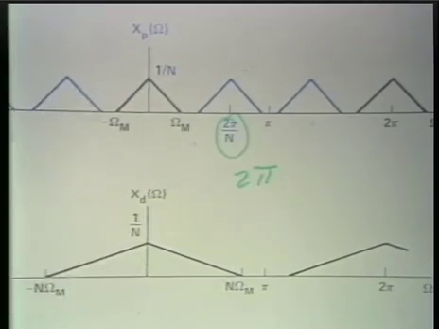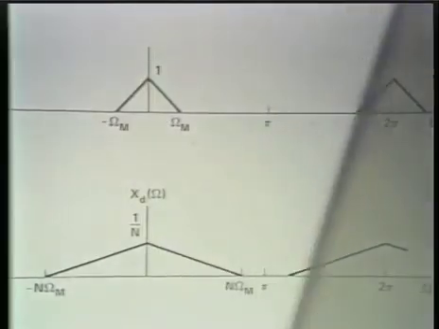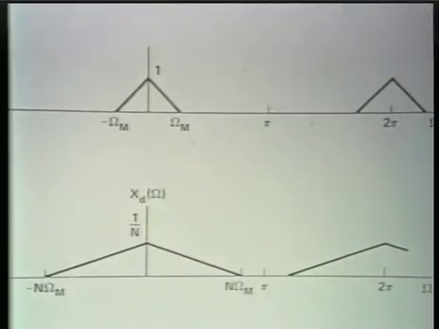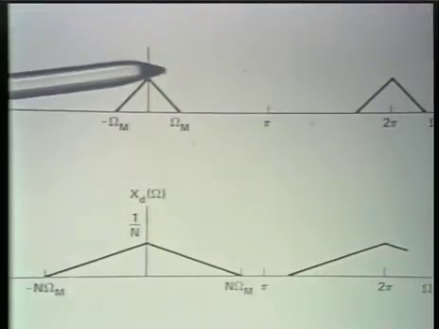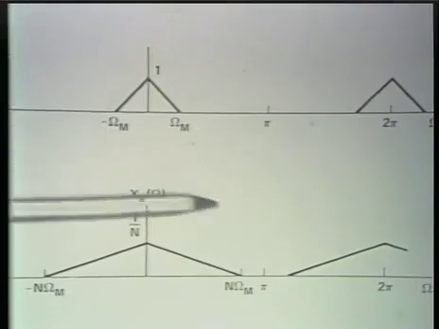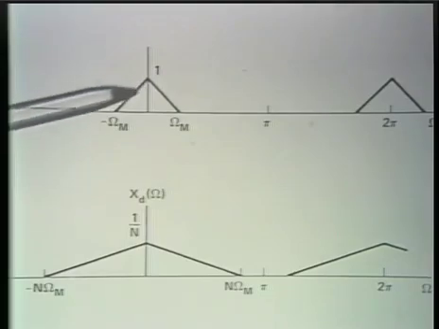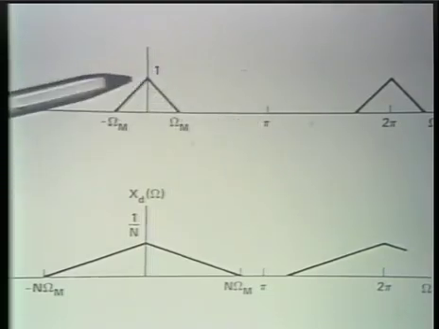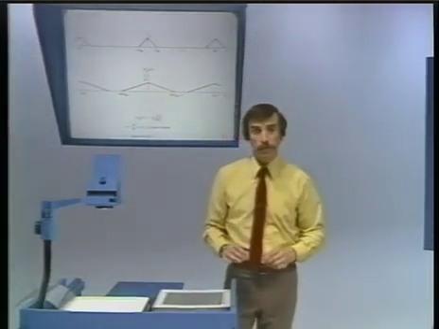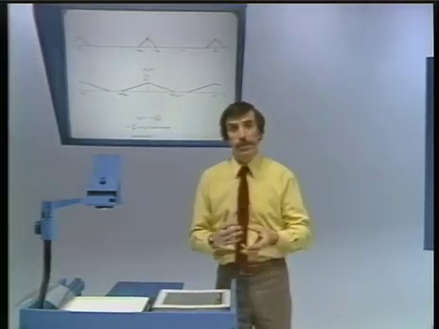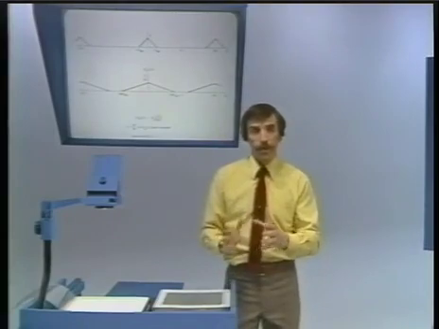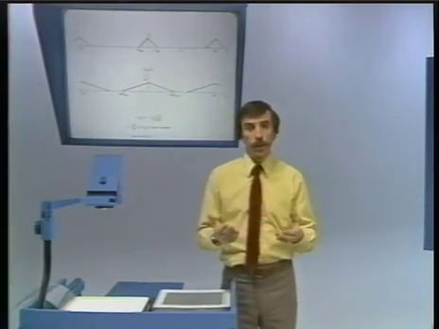Now, we can also look at that in the context of the original spectrum, and you can see that the relationship between the original spectrum and the spectrum of the decimated signal corresponds to simply linearly scaling this. But it's important also to keep in mind that that particular relationship assumes that we've avoided aliasing.